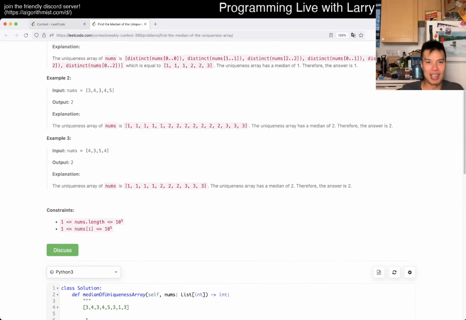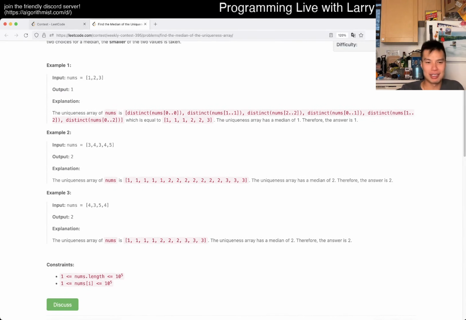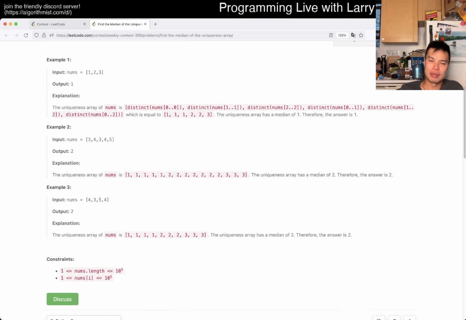What other ideas do I have? Dynamic programming? No. Okay. Is there any other way to get how many twos there are? Okay, so number of ones, pretty straightforward, maybe. Number of twos.